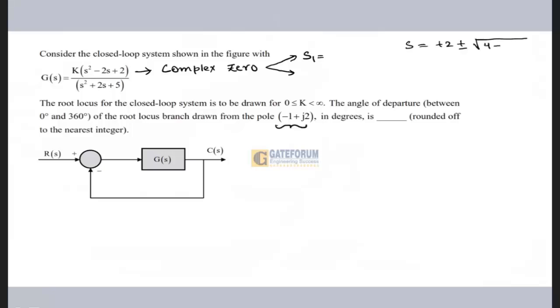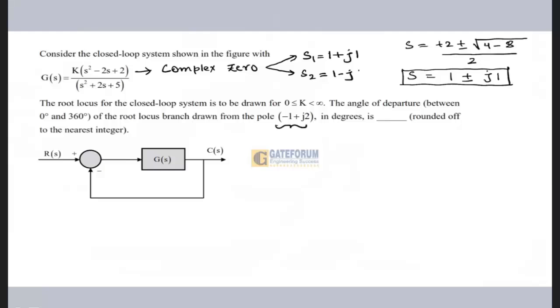So 4 minus 4ac, 4 into 2 is 8, divided by 2a. A is 1. So I am getting 1 plus minus under root 4 minus 8, which is minus 4. So that will be j2, and j2 by 2 is j1. So I am getting s equal to 1 plus minus j1. So the complex zeros are 1 plus j1 and 1 minus j1, right?